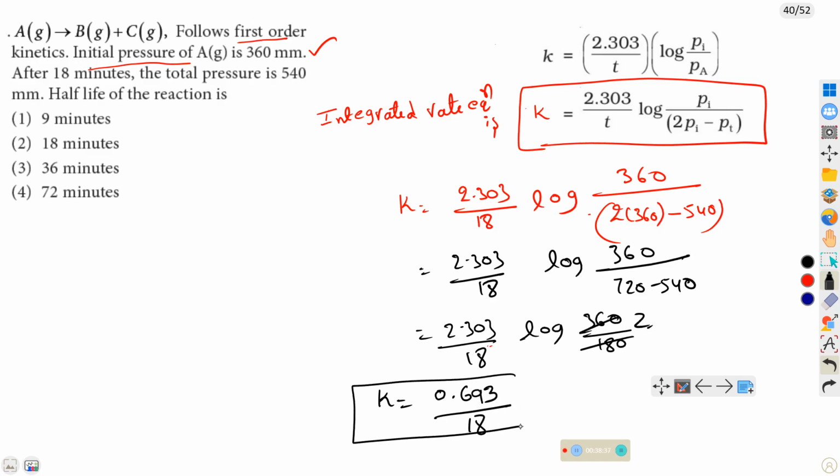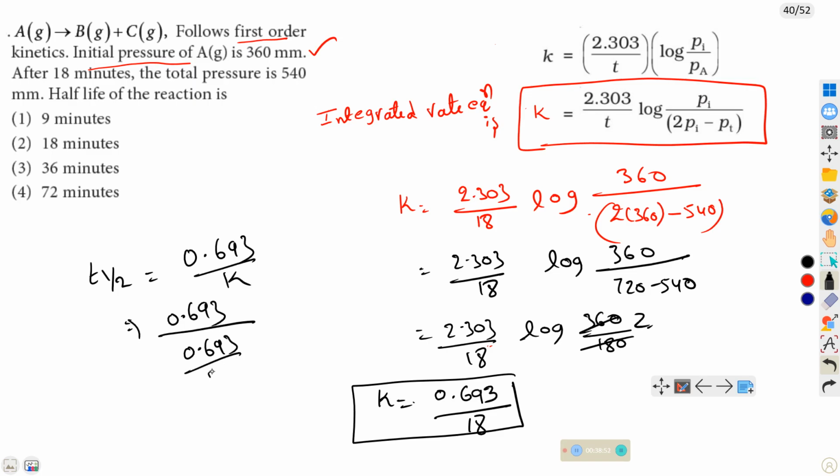This is the k value. For first order reaction, t half is equal to 0.693 by k. Substitute the k value, 0.693 divided by 0.693 by 18. Then 0.693 into 18 by 0.693 cancel. Answer is 18 minutes.